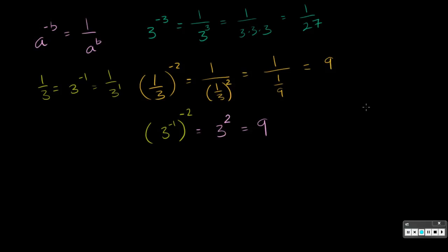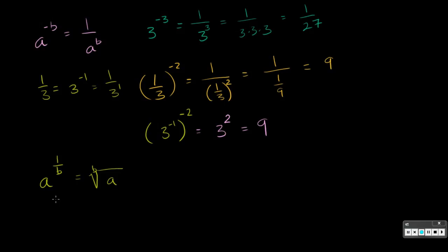Now the last thing I want to define is the notion of a fractional exponent. So if I have something to a fractional power, so let's say I have a to the 1 over b power, I'm going to define this to be equal to the bth root of a.